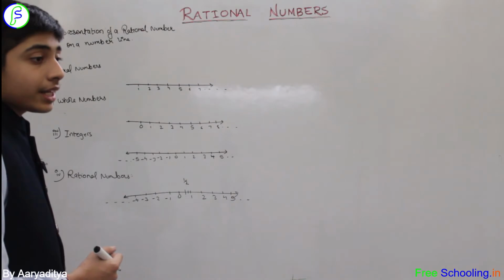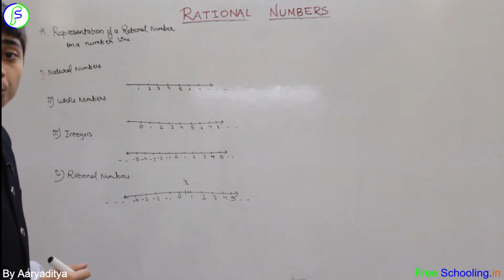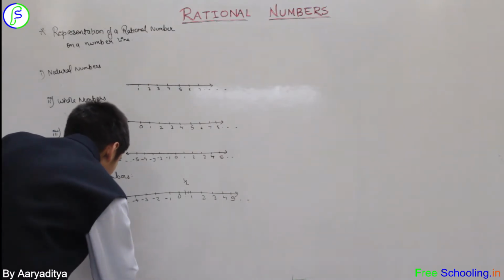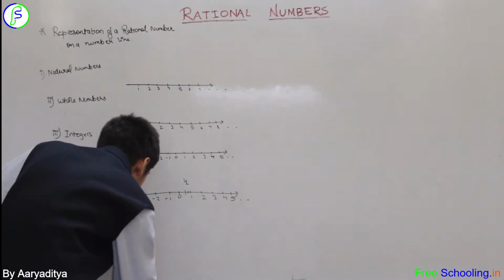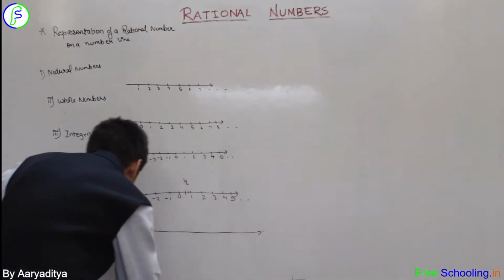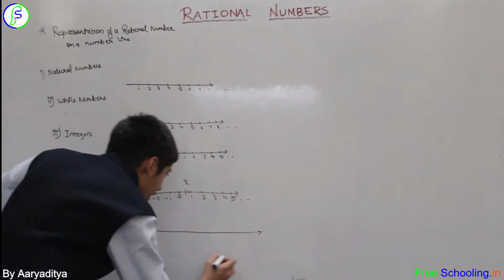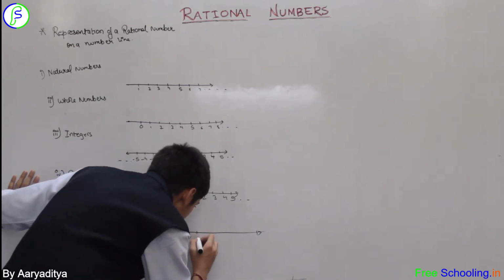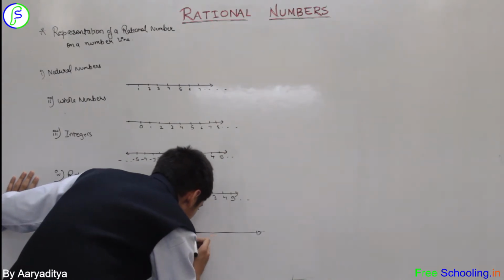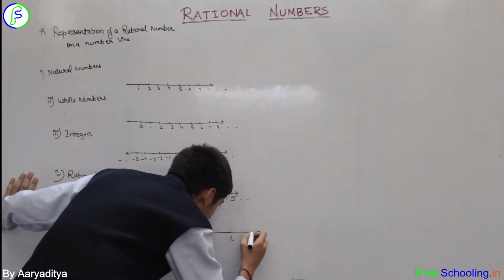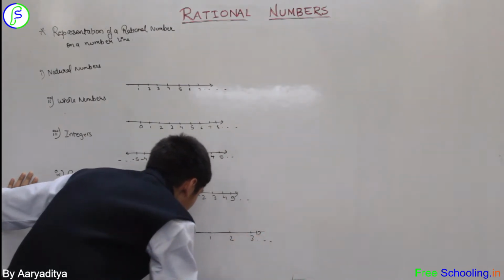Now suppose I take 1/4 to be represented on the number line. First we will be making a number line. Then I have 0, 1, 2, 3, and so on.